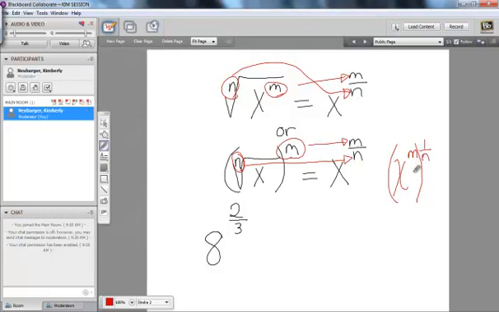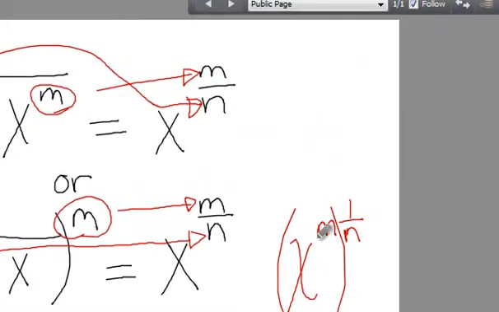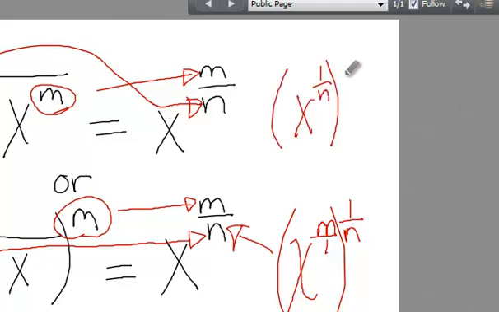And in this case, if we're looking at a fraction, I need the outside exponent 1 over n. If we were to multiply these, we would get straight back to what we have here. Similarly, if we had the 1 over n as our exponent in here with the m as our outer exponent, and when we put this over 1 and we multiply, we get straight back to here.